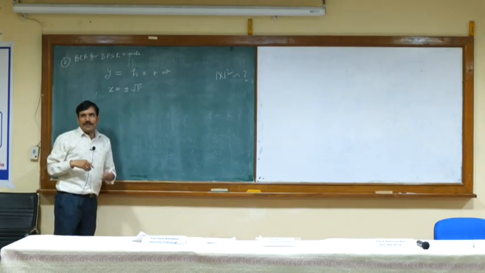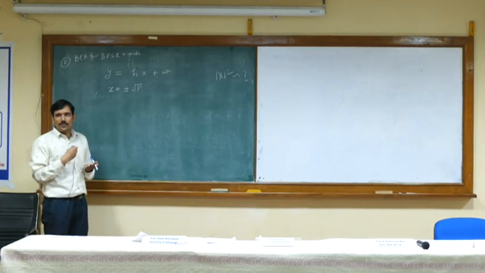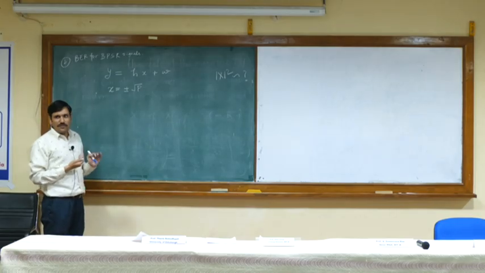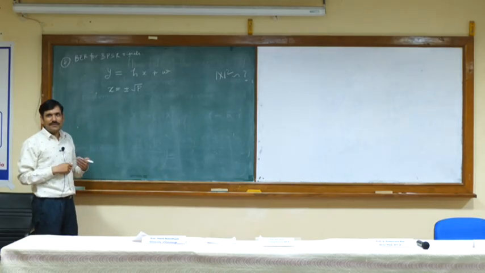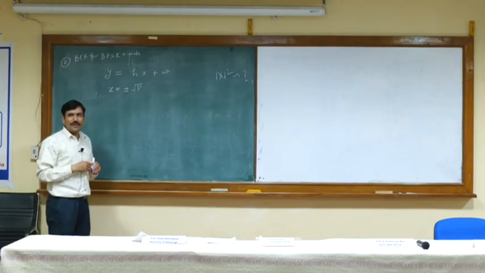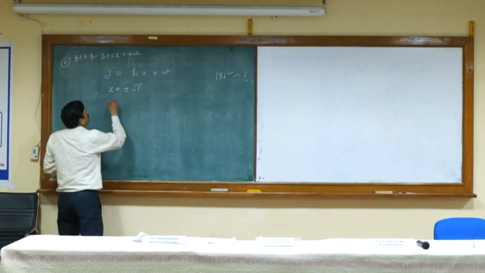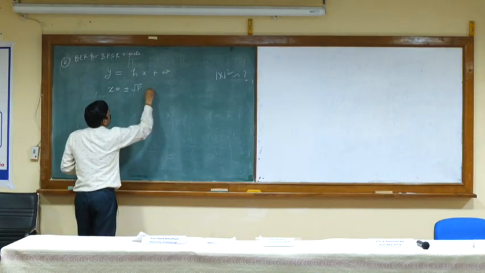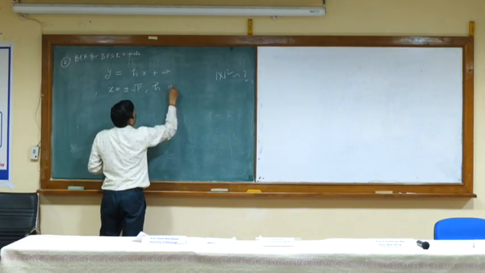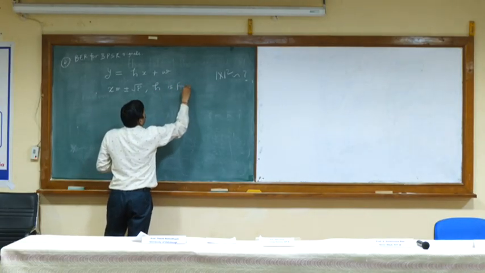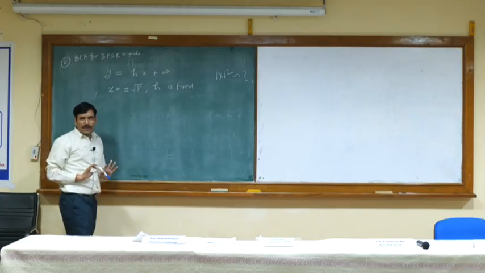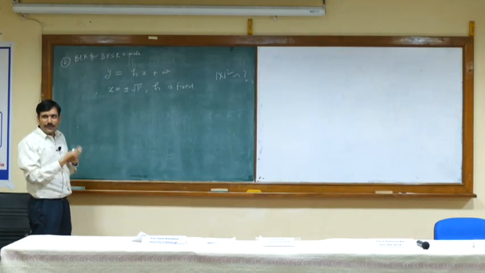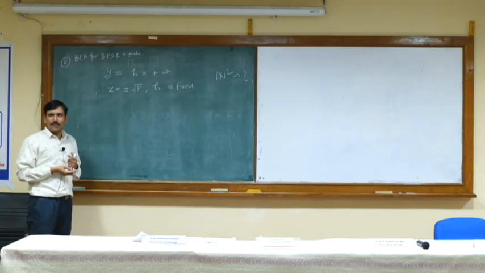So if I want to send 1, I will send square root of p. If I want to send 0, I will send minus square root of p, okay, and so on. And what is h? H is, let's say, fixed value at the moment. We will also vary h and try to see what happens.